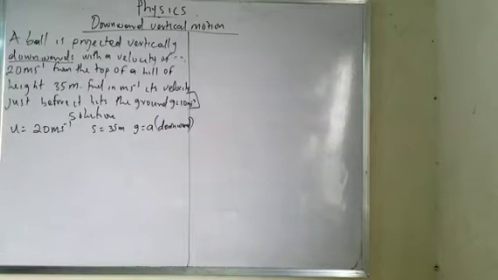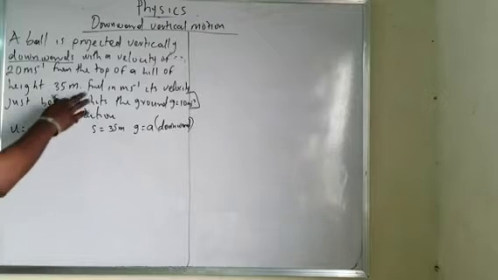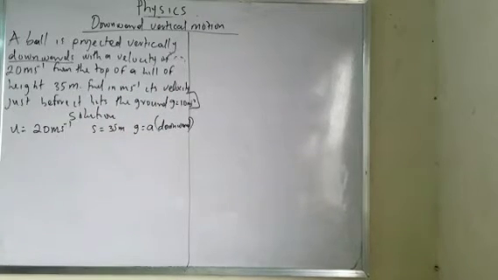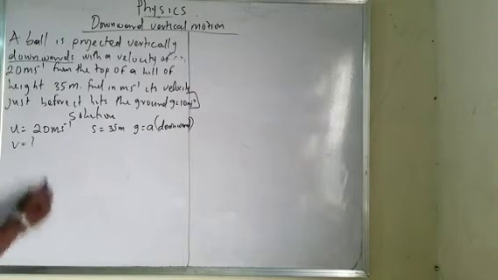Now, what am I looking for? Find the top of the hill heights. Find in meters per second its velocity just before. It means we are looking for final velocity.